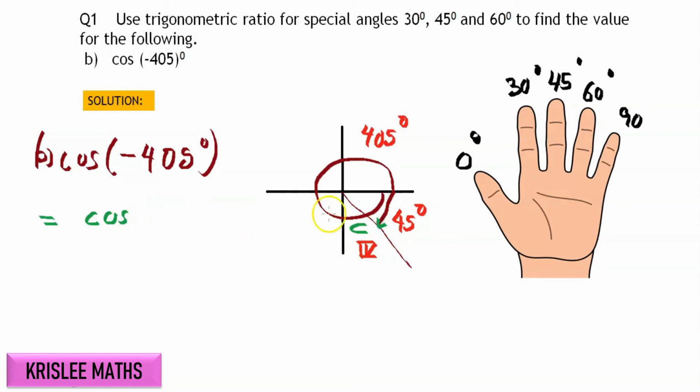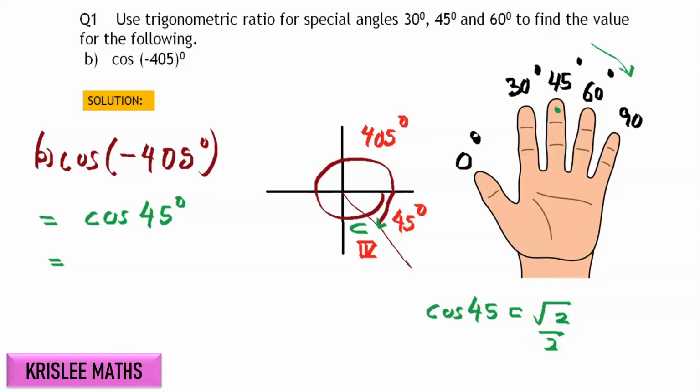Okay, and the acute angle here is 45 degrees. Now using the palm trick, you have to refer to the fingers on the right. For cos, you have to refer to the fingers on the right. So cos 45 degrees will be square root of 2 over 2.